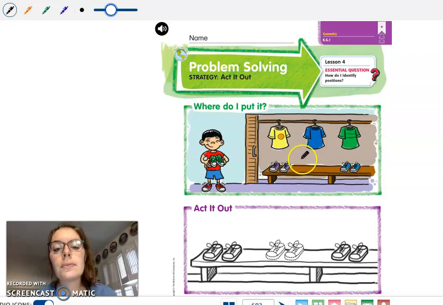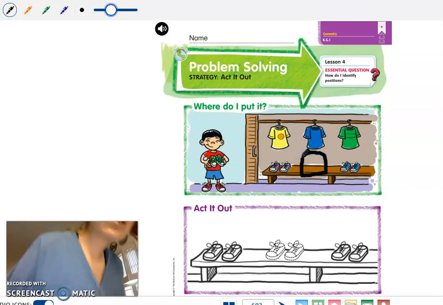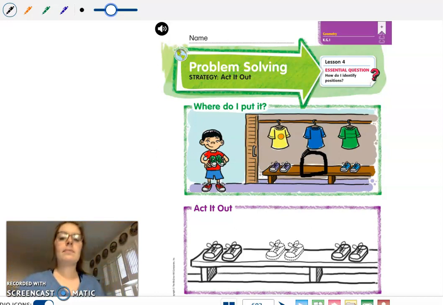So what we're going to do is draw a box that tells us that's where the shoe is going to be. Okay? And then down here, we're going to trace the shoes. Now, it does not matter if it looks perfect. Mrs. Doyle's does not look perfect, and that's okay.